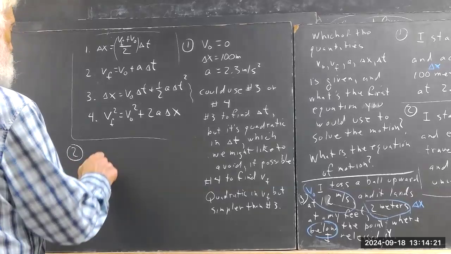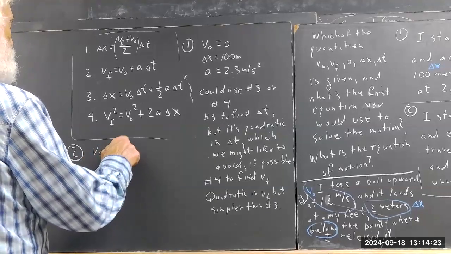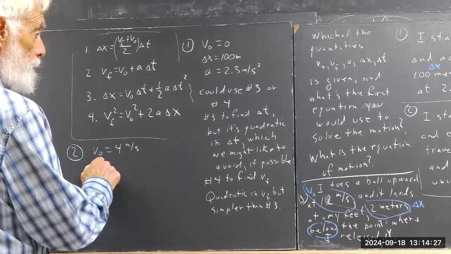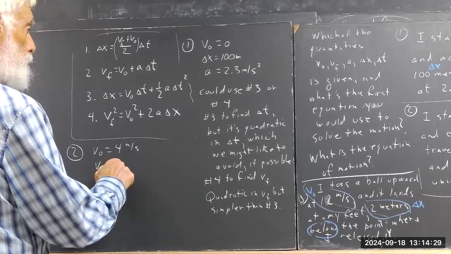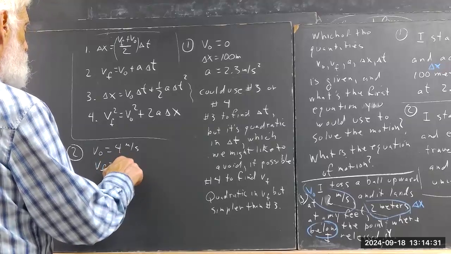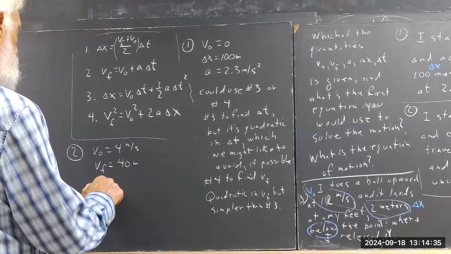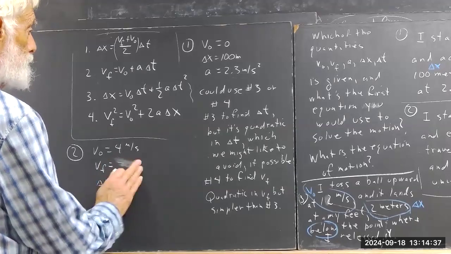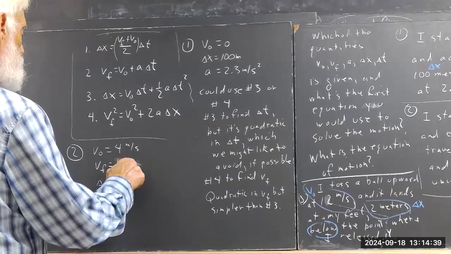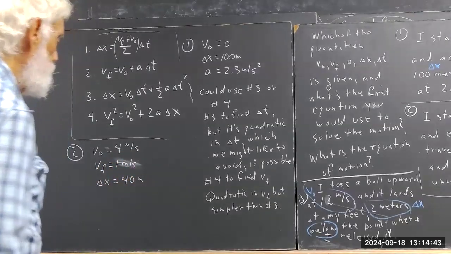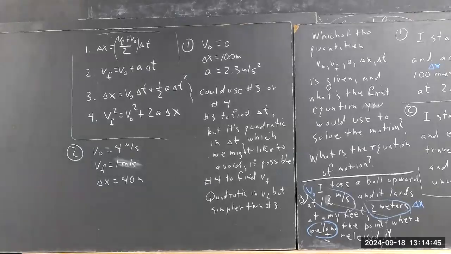Okay. Well, number two. What do we have? We've got v naught, 4 meters per second, vf equals 1 meter per second, and delta x is 40 meters. I did say make sure you put the units in these things.